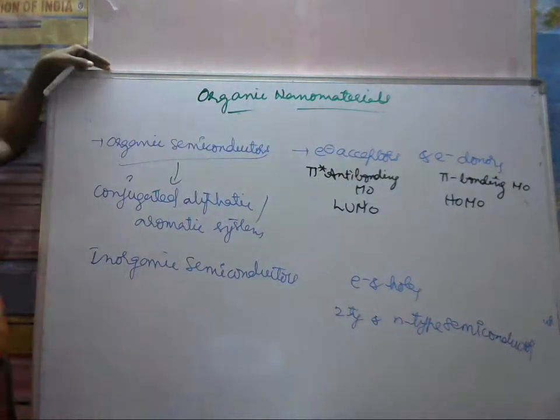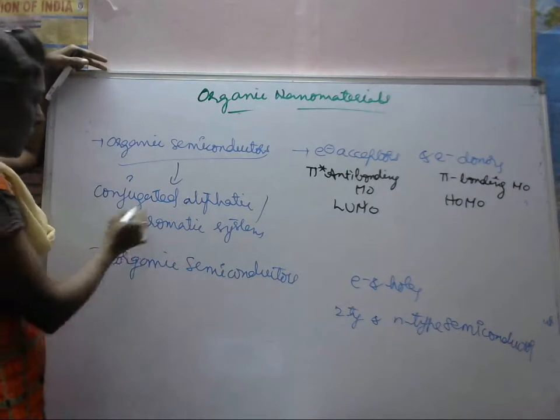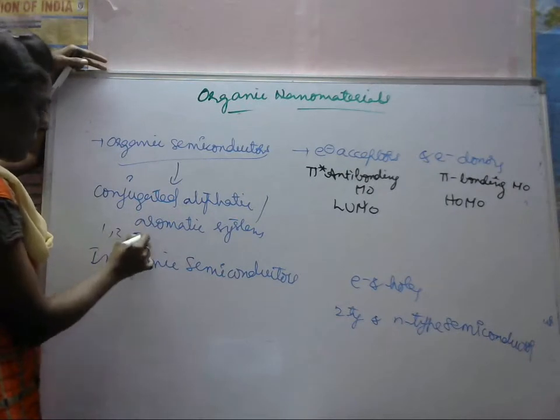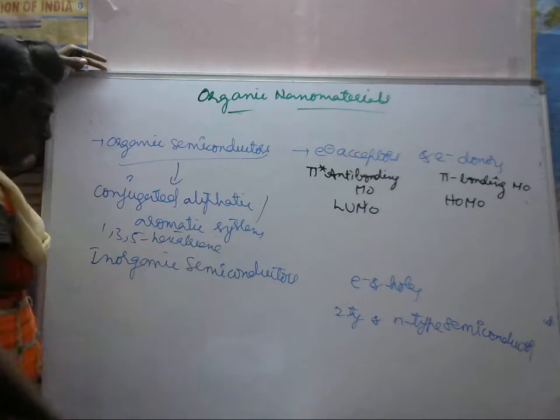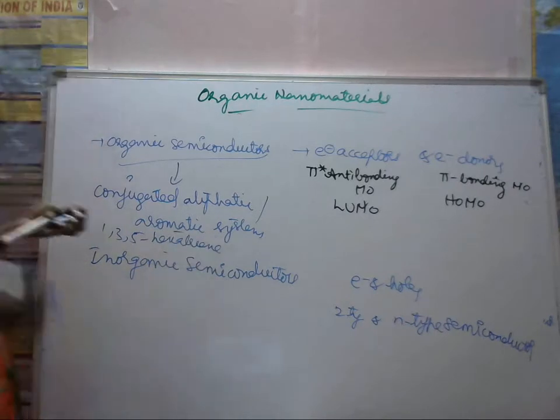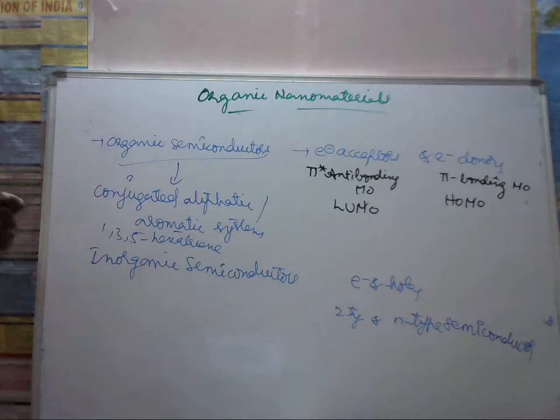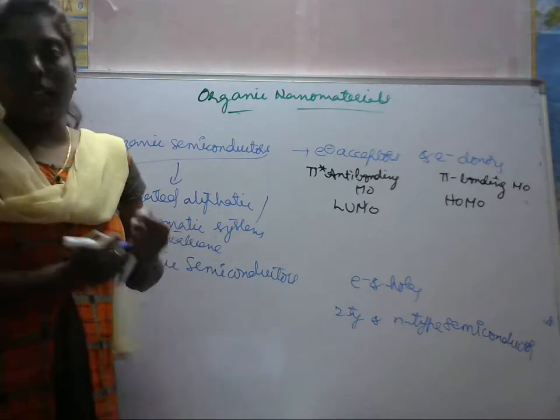For example, 1,3,5-hexatriene. So this is about the differences between organic semiconductors and inorganic semiconductors.